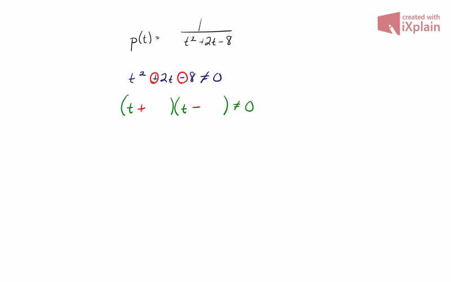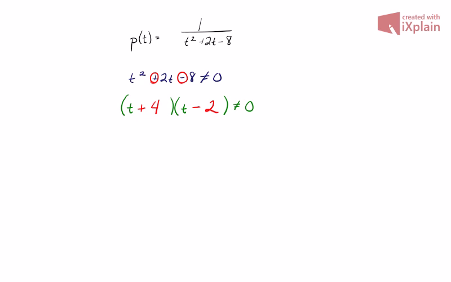So when I'm looking at this, thinking of 8, I need to find two factors that will multiply to 8, but I also want those numbers to sum to a positive 2. So my guess would be, let's go ahead and do plus 4 minus 2. If you don't believe me, take a moment and FOIL that out and see if we come back to the original quadratic.